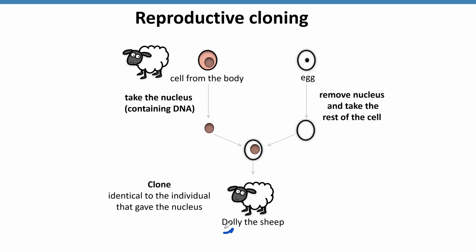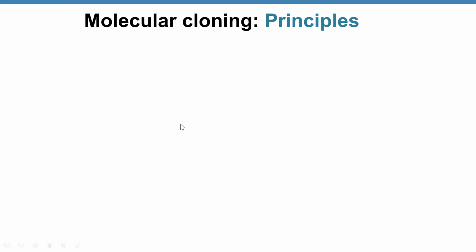It was a sheep named Dolly, and it was the first clone of an already existing animal. Dolly unfortunately didn't live long enough, but it was a pretty successful experiment. Okay, so that's reproductive cloning.